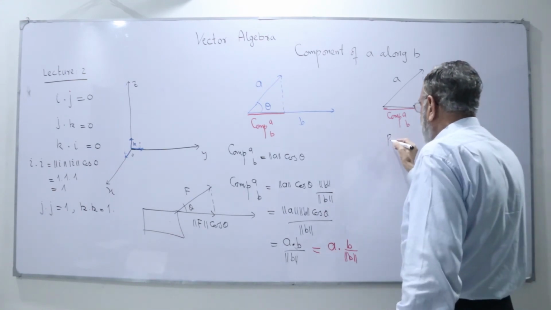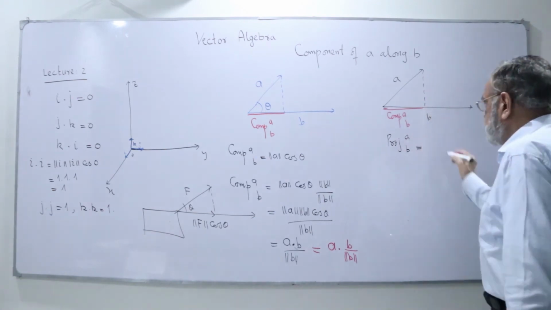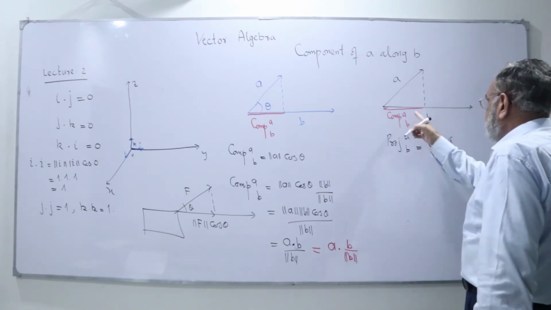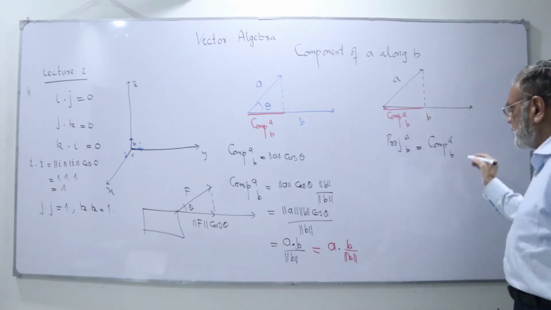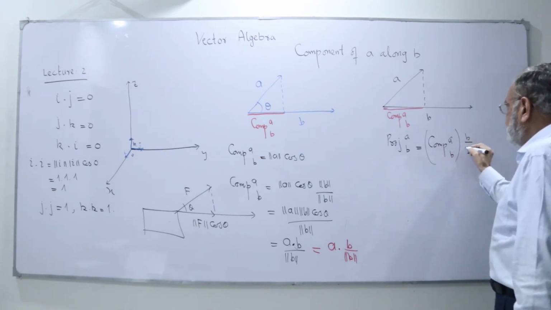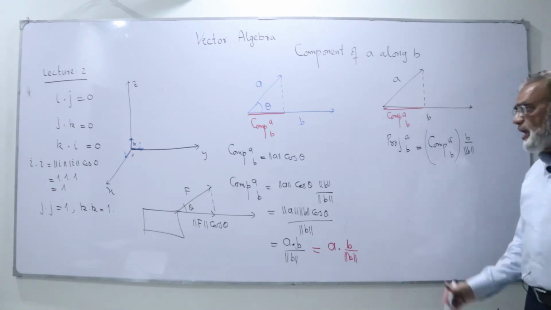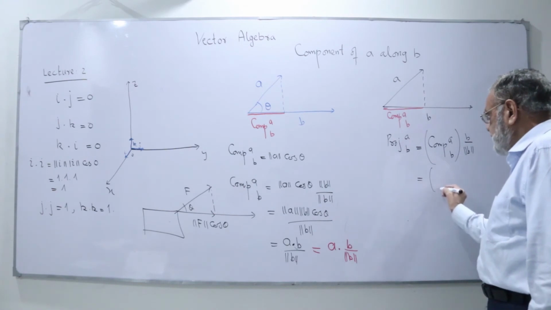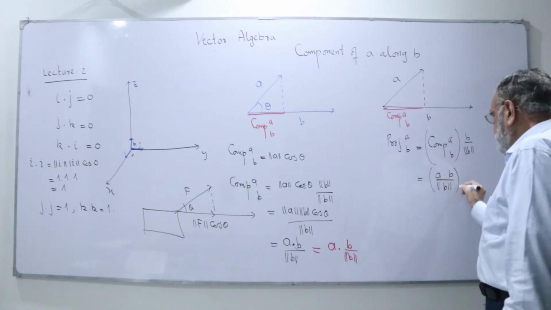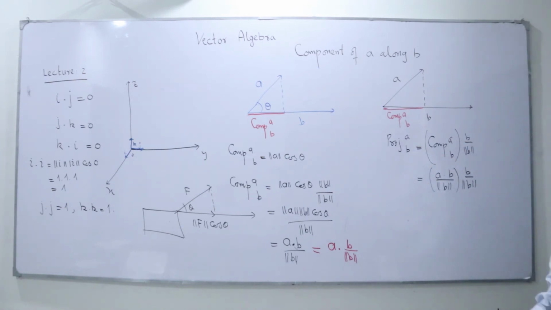The projection of A along B will be a vector. And what we do, we multiply this component of A along B with the direction unit vector. What is my unit vector? This is my scalar. My unit vector will be B over magnitude of B. And that's my definition of the projection. We can write here, this is A dot B over magnitude of B, and here we multiply by B over magnitude of B. I'll explain this with the help of an example.